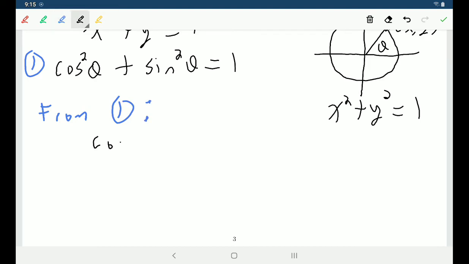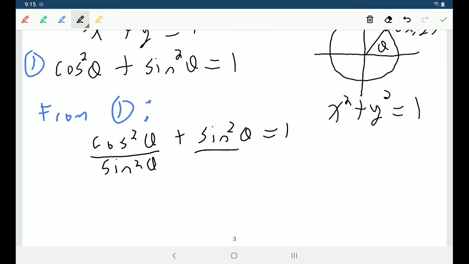So taking cosine squared theta plus sine squared theta equal to 1, and then dividing everybody by either sine squared theta or cosine squared theta. If you divide everybody by sine squared theta, well, cosine over sine, that is cotangent, so cosine squared over sine squared, that would be cotangent squared theta.